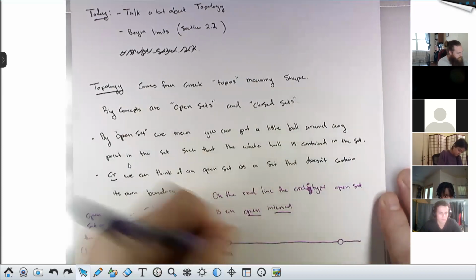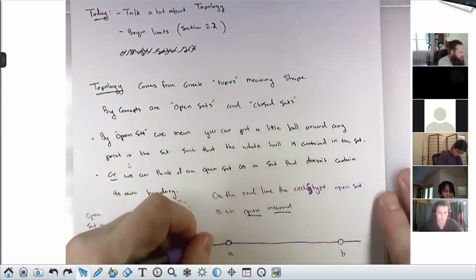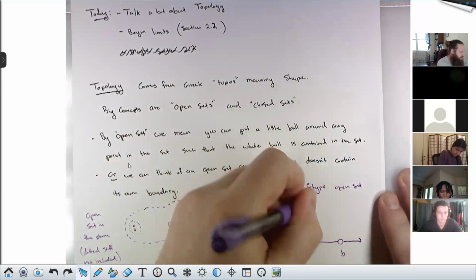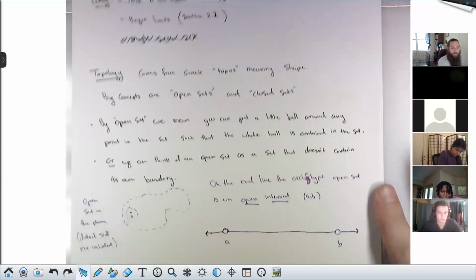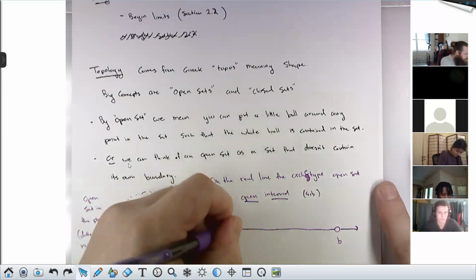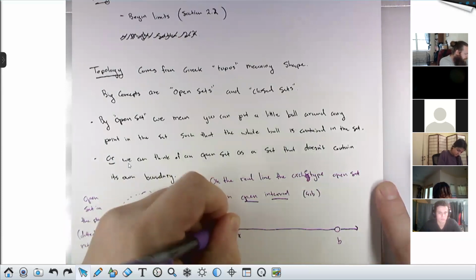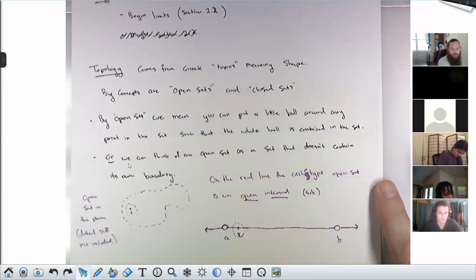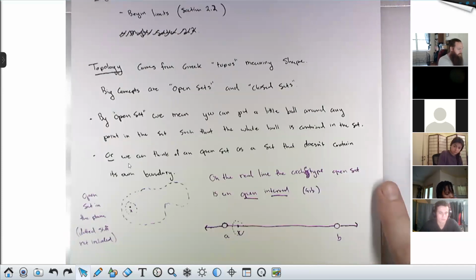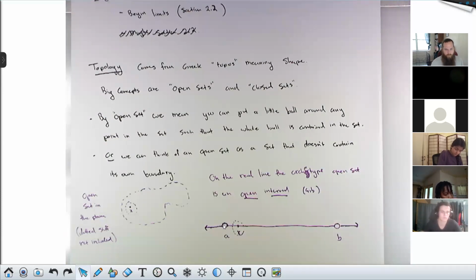Here's A, here's B. This is the open interval from A to B. And you see, no matter where I pick an element of this set, say here, X, I can always put a little ball around that element that stays entirely within the set. The reason is because the boundary isn't included. If you tried to say this number right here, A, is in the set, then all of a sudden you would have a point, A, in your set, around which you could not put a little ball that stays in the set.